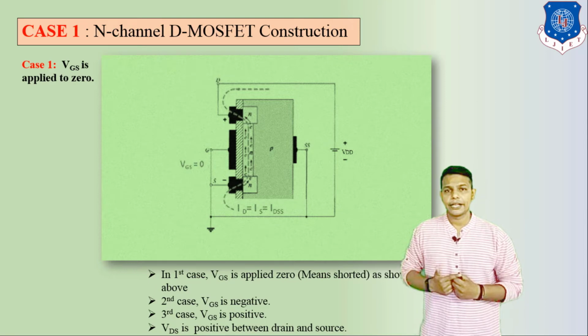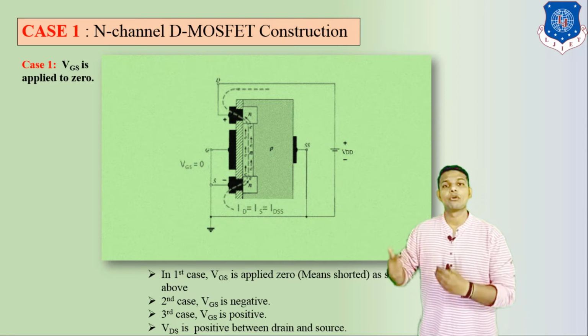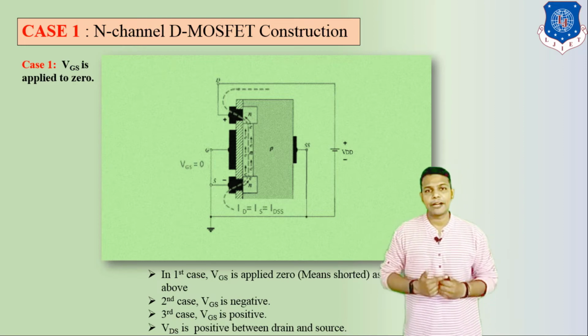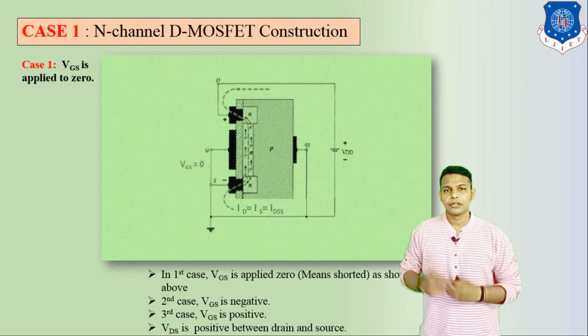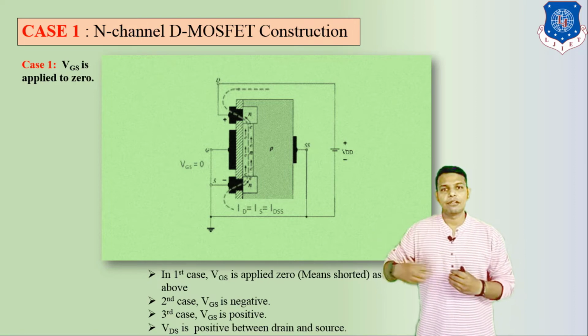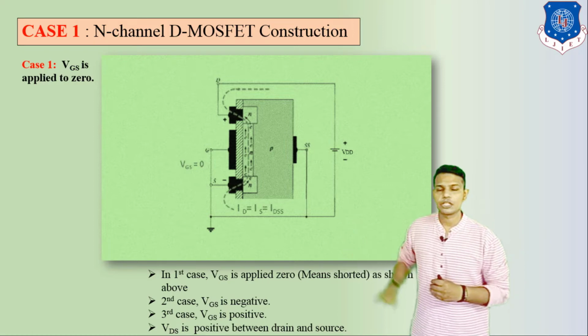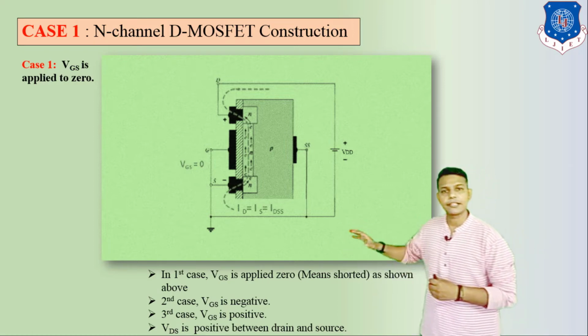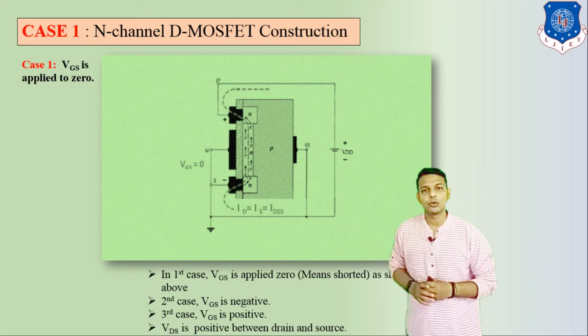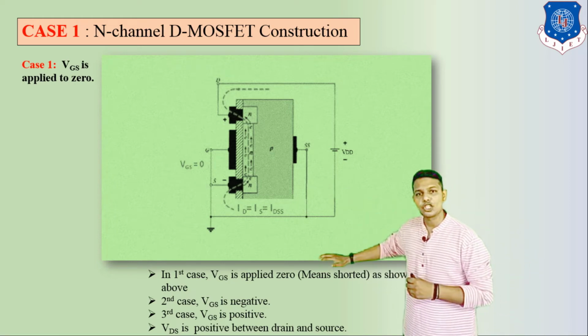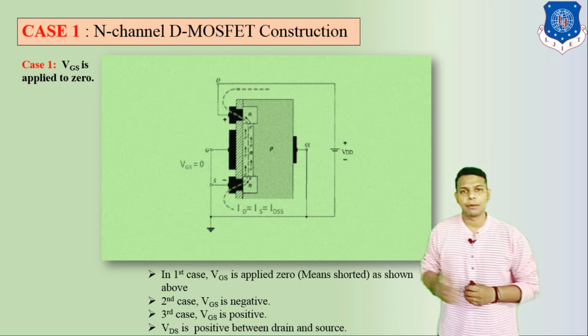Case number 2, if we apply more and more negative voltage, then what happens in this construction? And finally, case number 3, if VGS is positive, then what happens? We will verify according to these 3 cases. Here first we are taking case number 1, VGS equal to 0. That means the gate and source terminals are shorted. Simple.